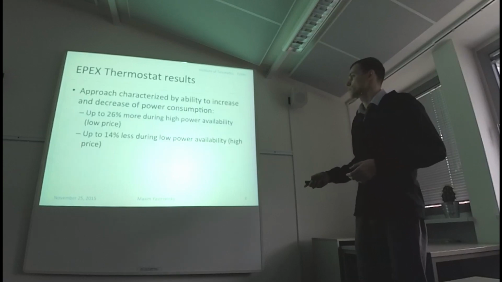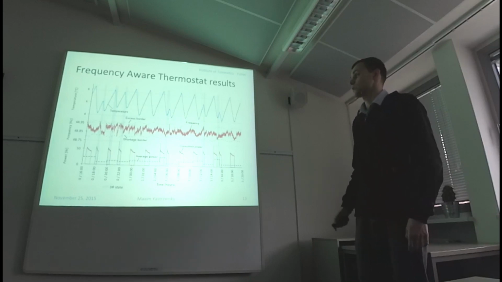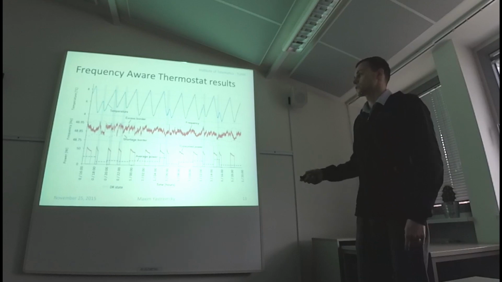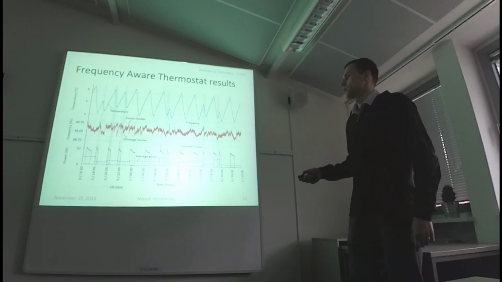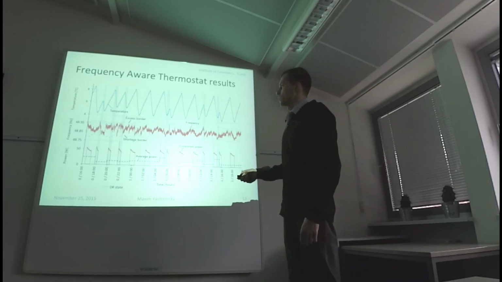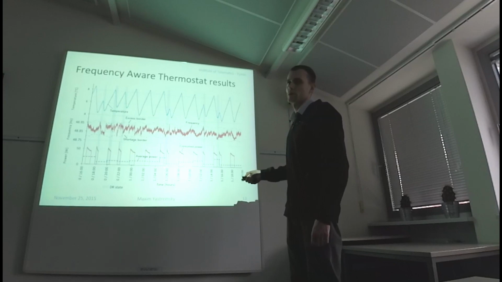And if you check the behavior of the fridge on the frequency-aware thermostat, it's hard to say that the power consumption is changed in the same manner. It's rather changed in the following manner. For example, here instead of the full on-off scale, we have only one part, and otherwise here instead of the full on cycle, we have two other ones which are divided by an off cycle.